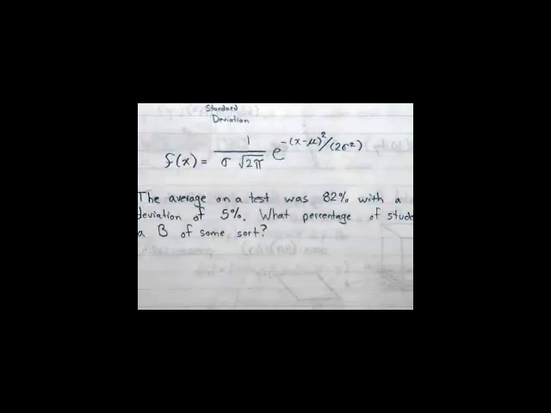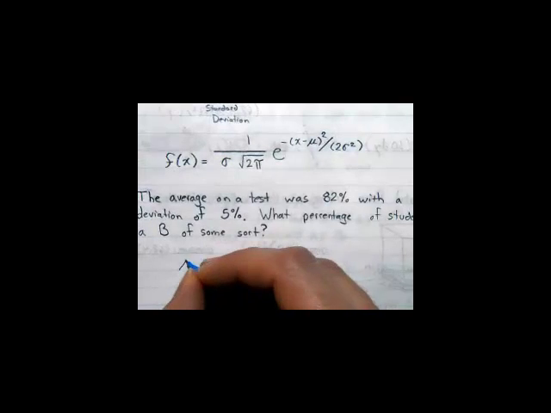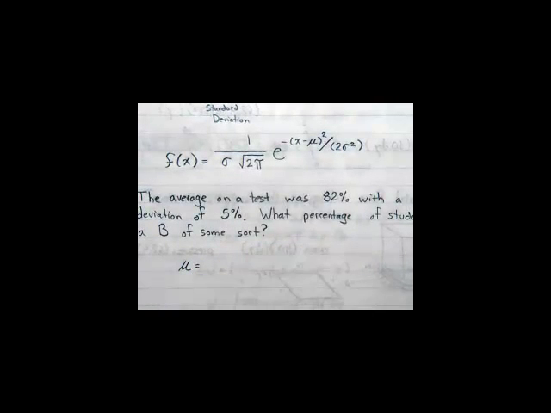Okay. So, let's first come up with the probability density function for this situation. What's our mu for this? What's the mean? 82, okay.